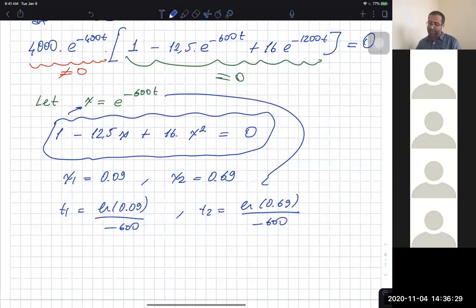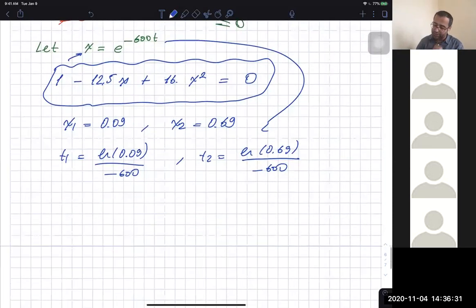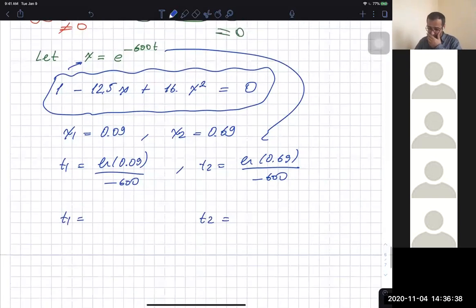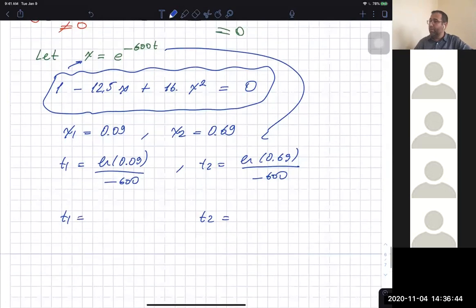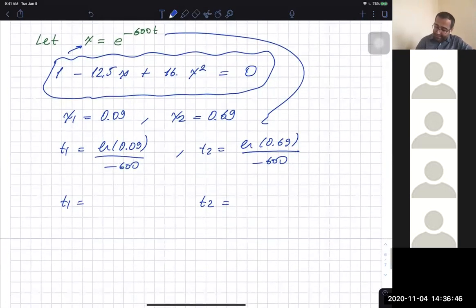And now I need these numbers, T1 and T2. Can you calculate these, T1 and T2? T1 is 4 milliseconds. Yes. Okay, T2?